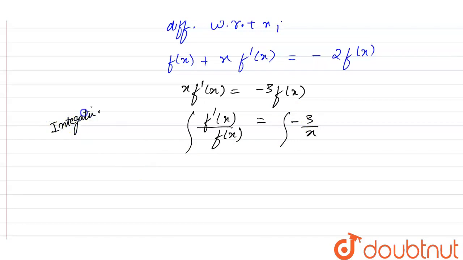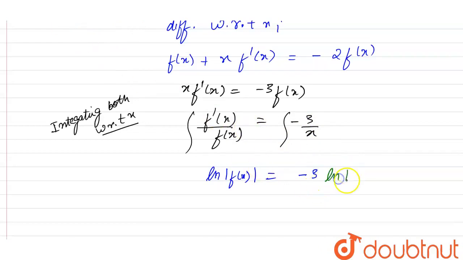Integrating both sides with respect to x, we get ln|f(x)| equal to -3 times the integral of 1/x, which is ln|x| plus c.